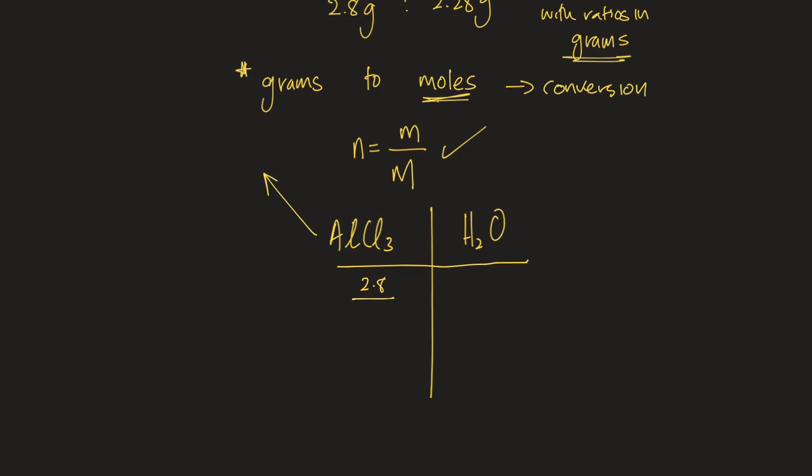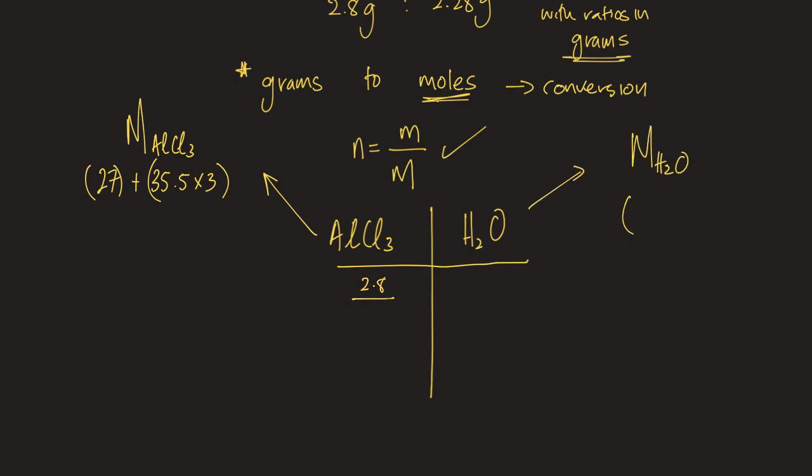So if I want to do that separately, I can say 27 plus 35.5 times 3, and that's my molar mass of AlCl3. My molar mass of water would be 2 plus 16, and that's going to give me 18 grams per mole.